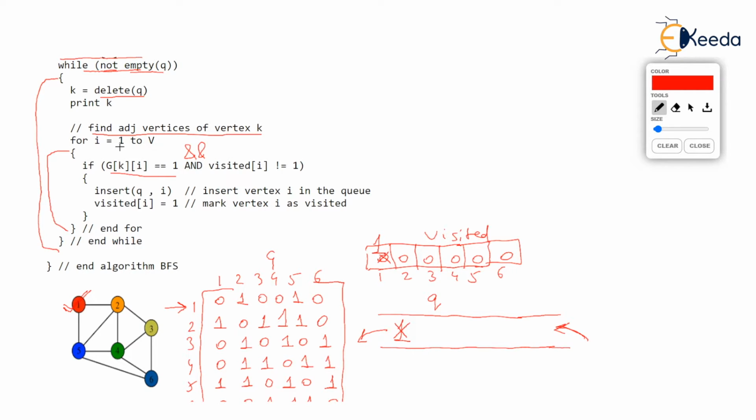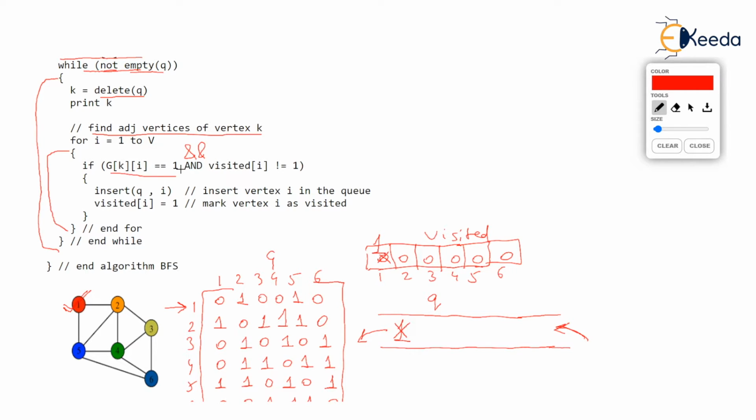When I is 2, we will see whether second vertex, because K is 2, sorry, I'm so sorry. First vertex, K is 1, is it adjacent to second vertex, I is 2? So we are checking G12. Notice that we are in the same row and we have moved on to the second column. So I is 2 now and it is 1. So what we observe is first vertex, kth vertex, is adjacent to second vertex, ith vertex, because the entry is 1.